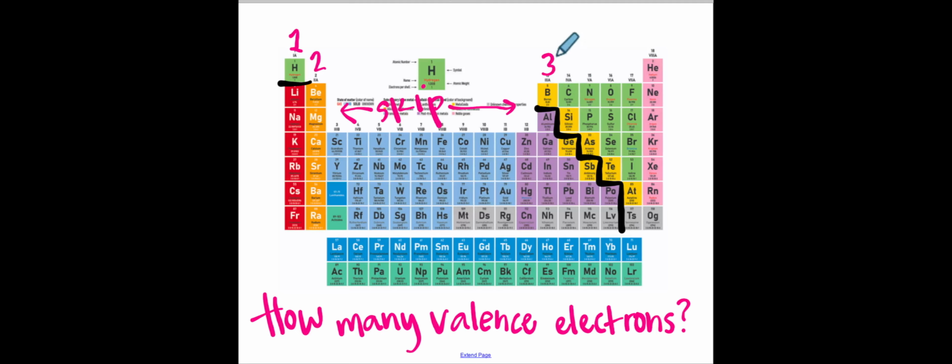Carbon and the others in its group are going to have four. Nitrogen, phosphorus, and that group, they're going to have five. Oxygen and all of those below it are going to have six. Fluorine and its group have seven. And then these guys over here, the noble gases, are going to have 8 valence electrons.